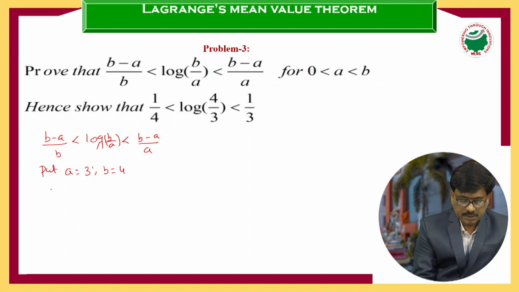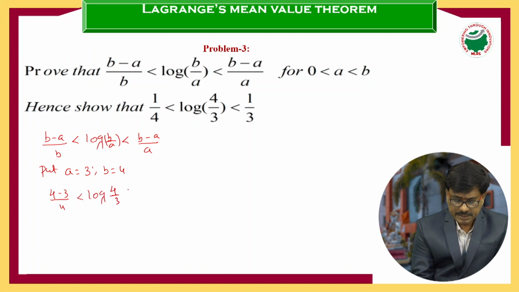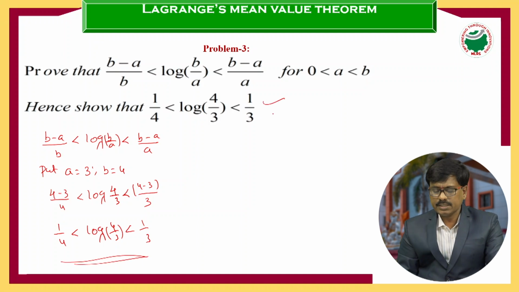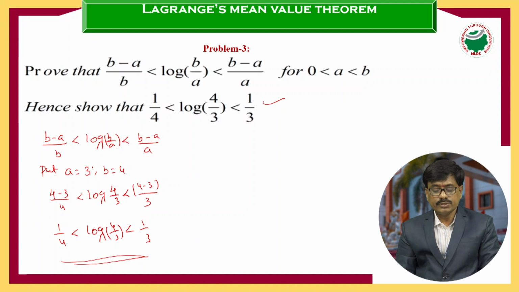We get (4 minus 3) divided by 4 less than log of 4 by 3 less than (4 minus 3) divided by 3. If I simplify, 1 by 4 is less than log of 4 by 3, which is less than 1 by 3. Now we got the inequality by substituting a equal to 3 and b equal to 4.